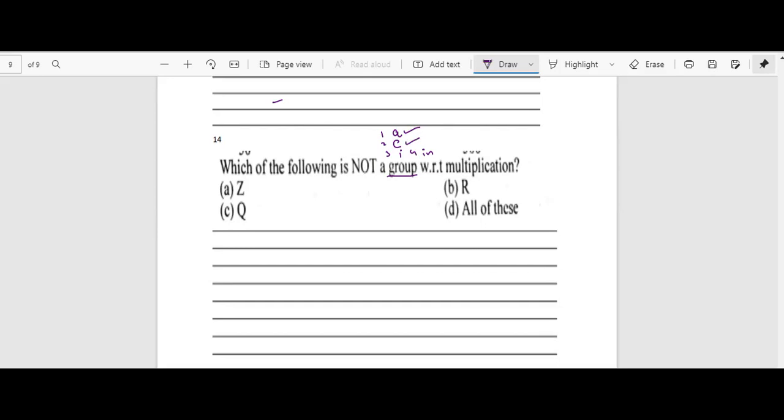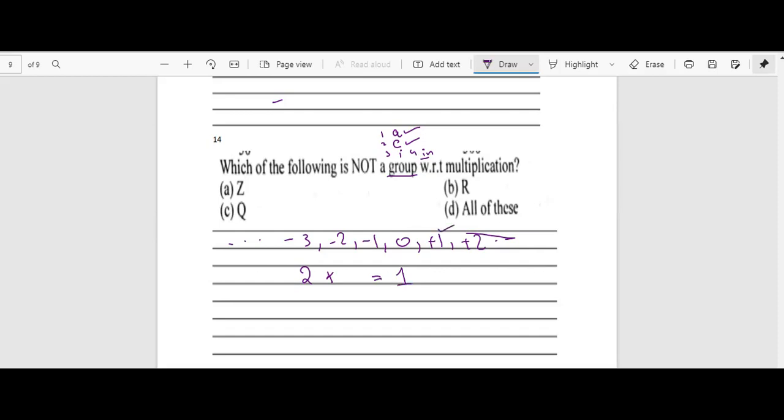But the problem comes with the inverse. If I talk about Z, I have negative integers, like -3, -2, -1, 0, then I have positive integers, and so on. For a group, I should have the identity as well. By identity, I mean if 2 is my element, I should have another element such that when I multiply it, I get my multiplicative identity, that is 1.